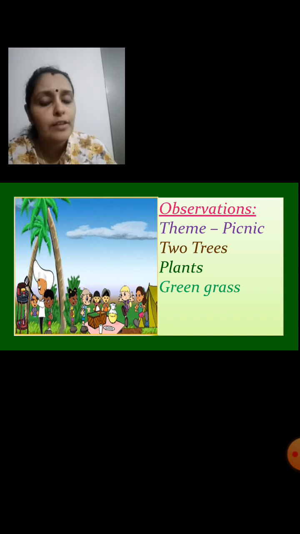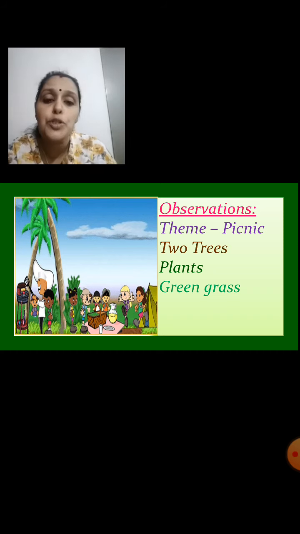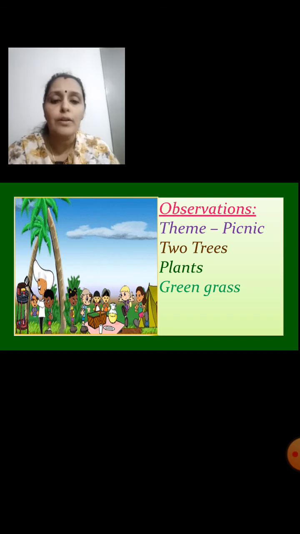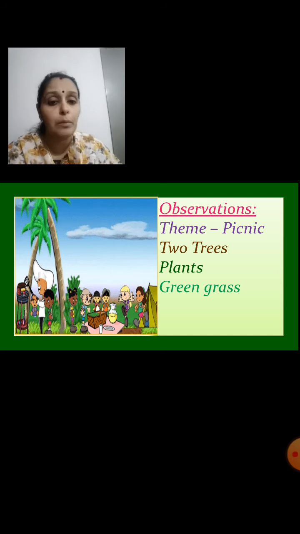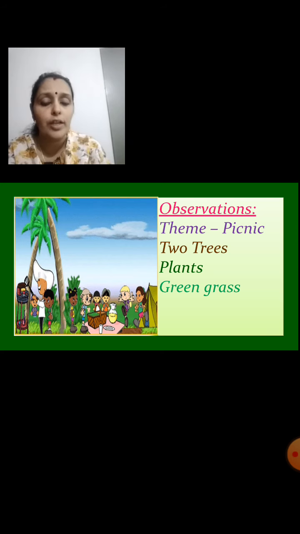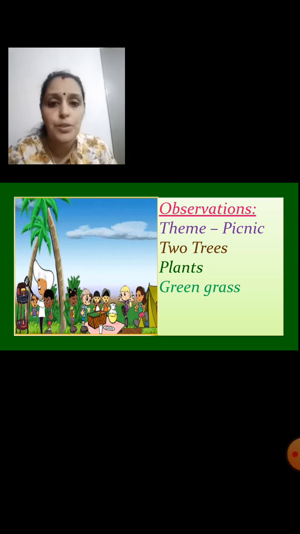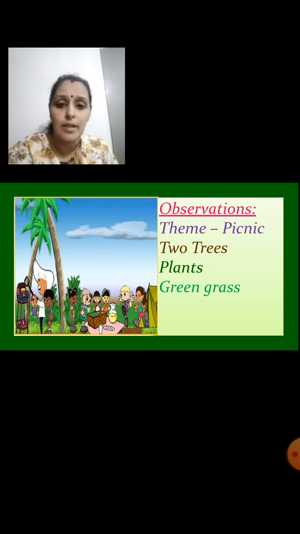So everything relating to trees, plants, grasses, I will be writing together. I will not write trees first, then after some points write about the plants, and then after again some points write about the grass. No. When I'm talking about trees, everything related to trees, that is the plants, green grass, I'll be writing it together. That's why I've mentioned two trees, then plants, then green grass.